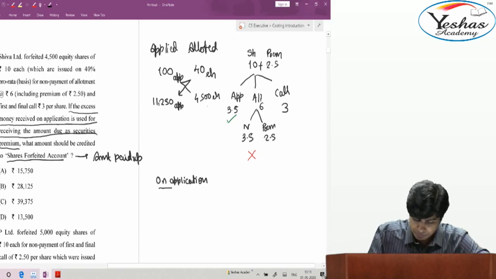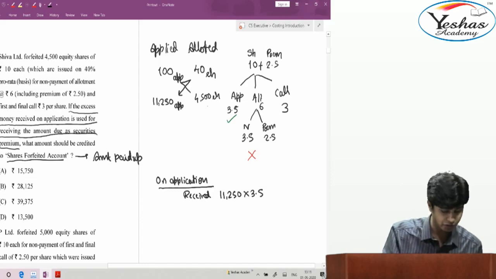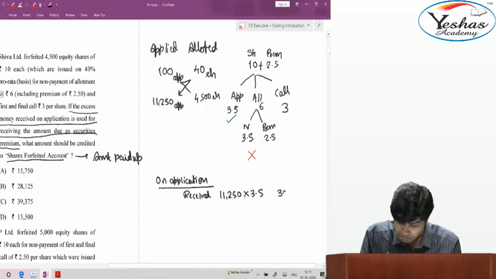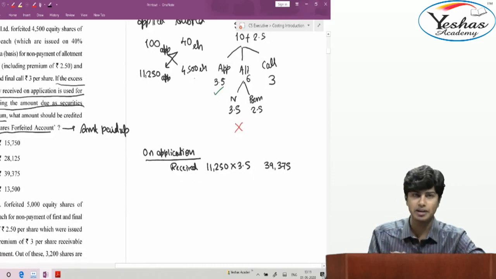On application, how much would we have received? We would have received 11,250 applications multiplied by 3.5 rupees. That gives me 39,375 rupees. But how much is my application money?